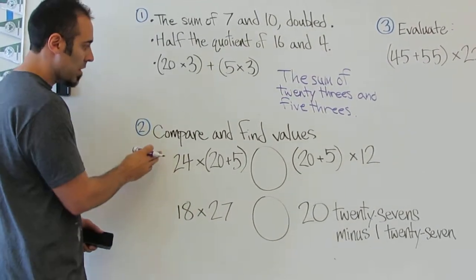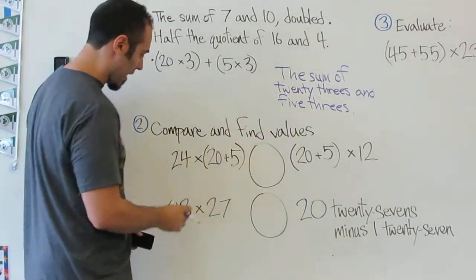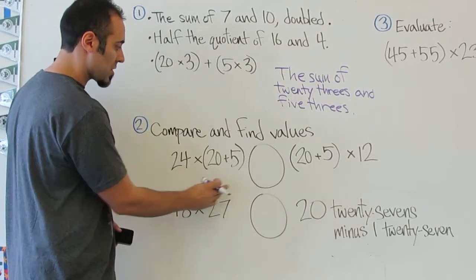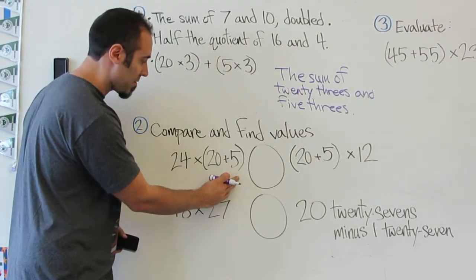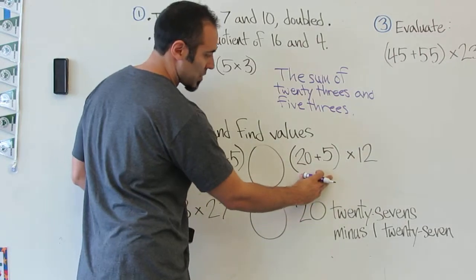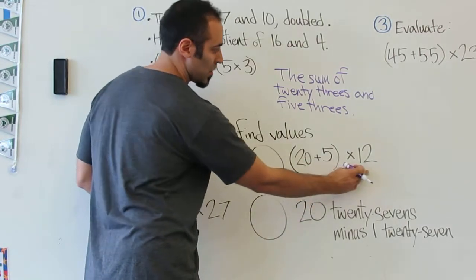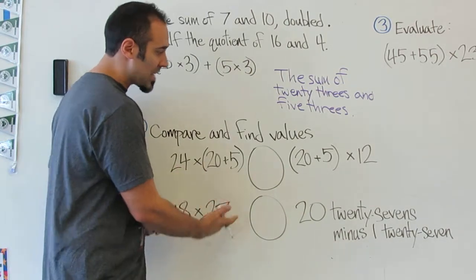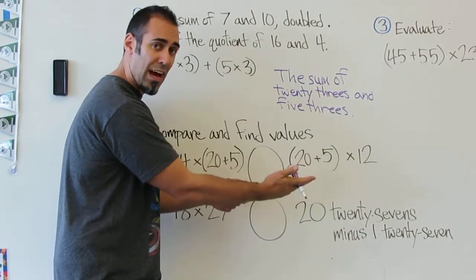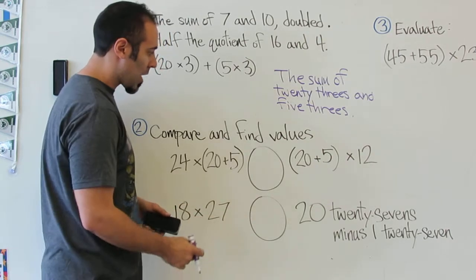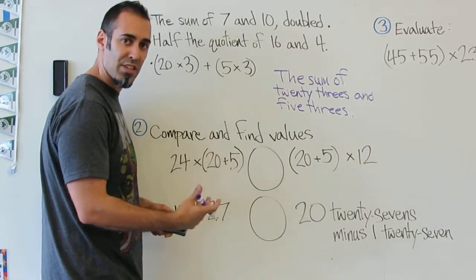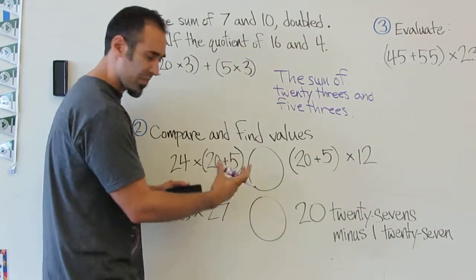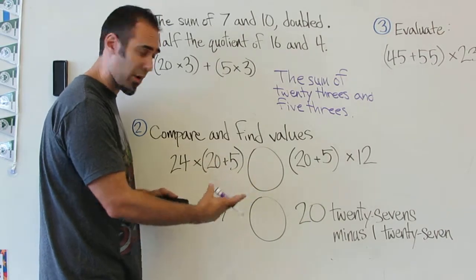So for example, compare and find the values of 24 times the sum of 20 and 5, and 20 plus 5, 12 times. So instead of actually solving each of these sides, figuring out the answer to each of them, we want kids to start recognizing the patterns and the similarities between the two sides and then going from there.